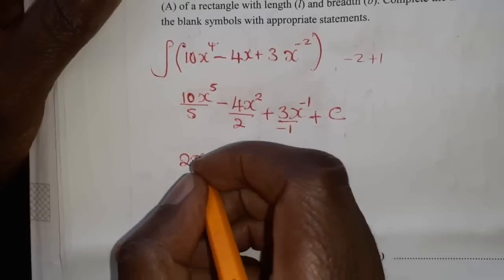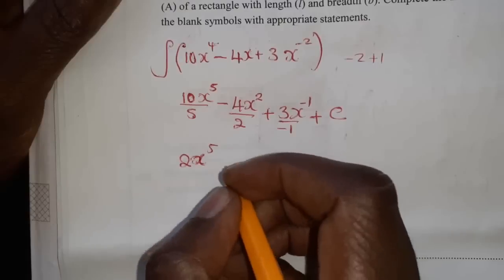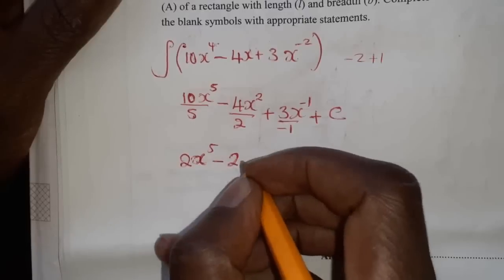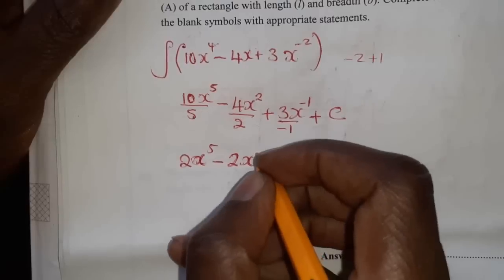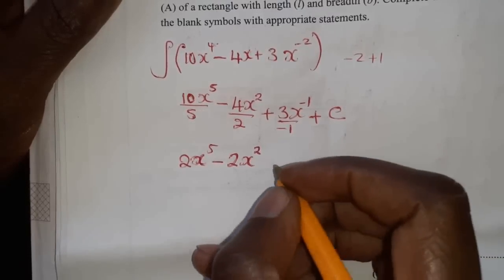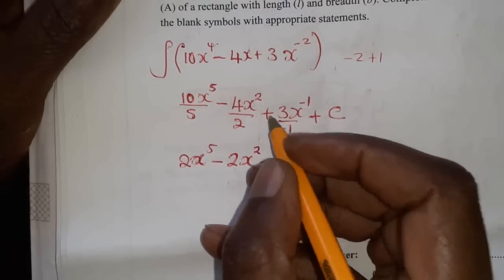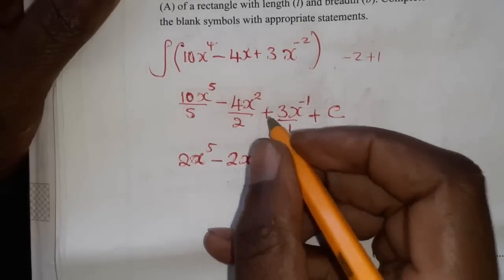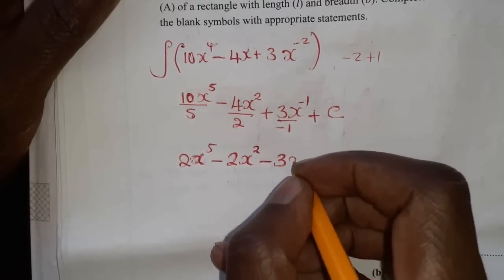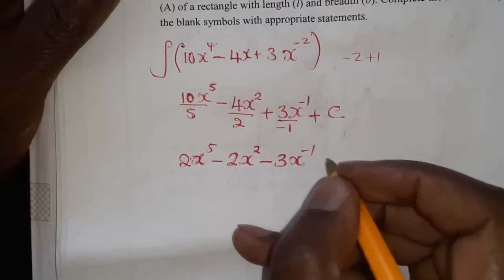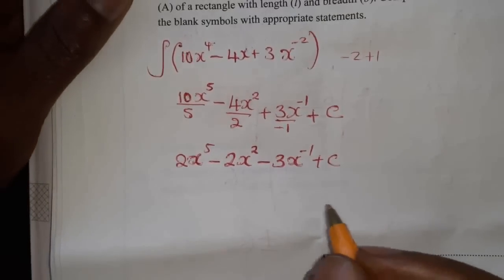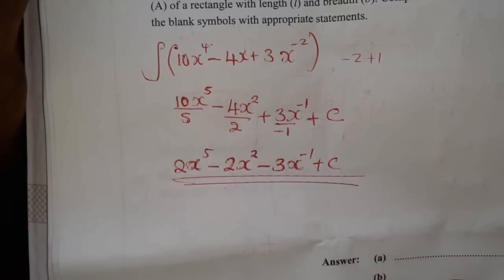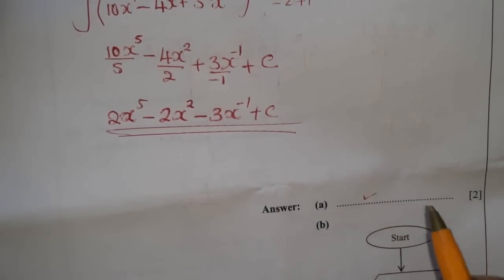You get 2x to the power 5, minus 2x to the power 2, minus, this is going to be minus because of this one, 3x to the power negative 1, plus c. This is what is going to be our answer to the first question. So you need to write it here.